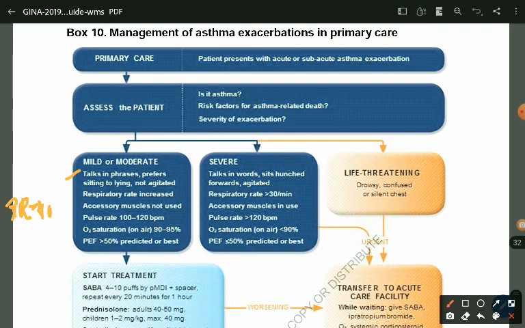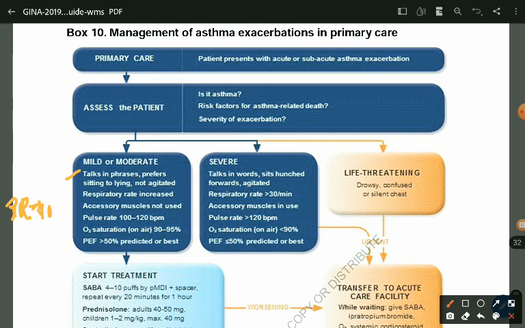And accessory muscles are being used in respiration, pulse rate of 100 to 120 BPM, especially for adolescents and those more than 5 years old. Oxygen saturation of 90 to 95%. Then the peak expiratory flow rate of more than 50% predicted or best.